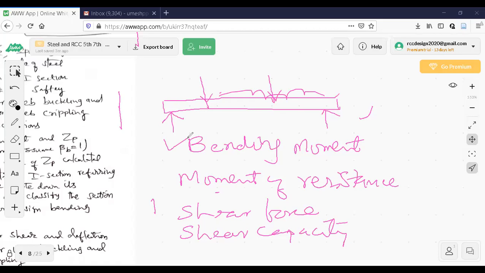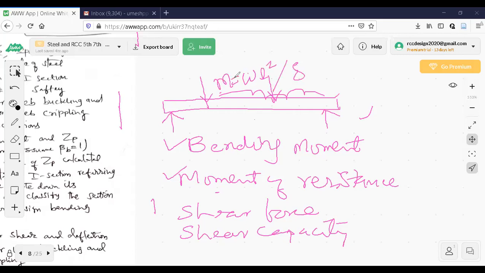How does the beam resist bending moment? By developing what is called moment of resistance. So how do we calculate bending moment? Bending moment is calculated based on the external loading. So, for example, if it is a simply supported beam subjected to UDL, it will be WL square by 8. You can see this WL square by 8 is the bending moment.